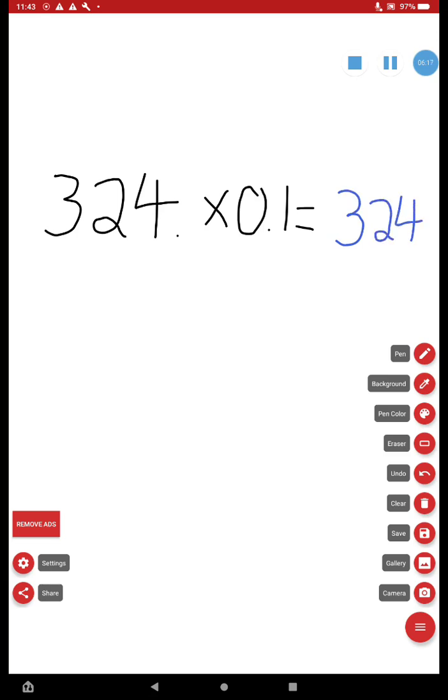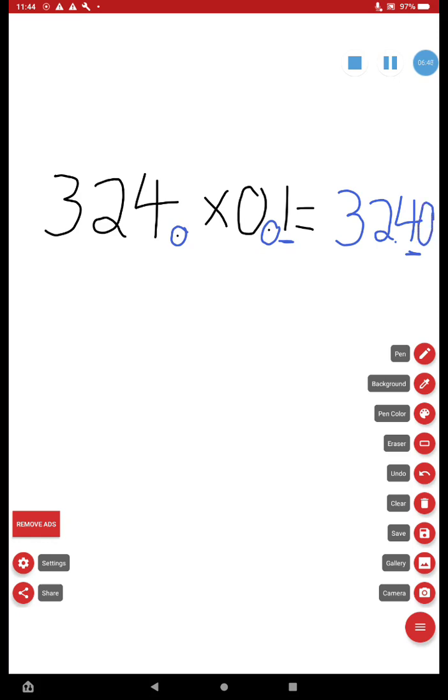But how many decimal points are in the question? Well, I wrote this one here. Are there any numbers to the right of that? No. So let's go to the next one. There's a decimal point. Are there any numbers to the right of it? Yes, there is. 1. That means in my answer, I need to have one number to the right of the decimal point. 32 and 4/10. But remember, we're talking about money. And typically, when we talk about money, we put 2 digits in the cents.